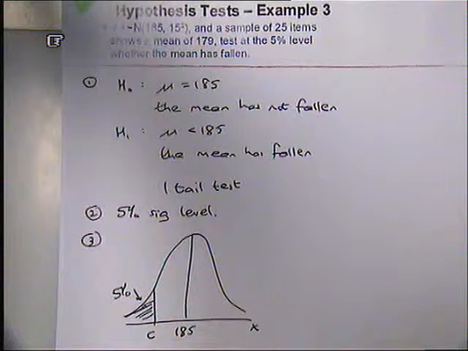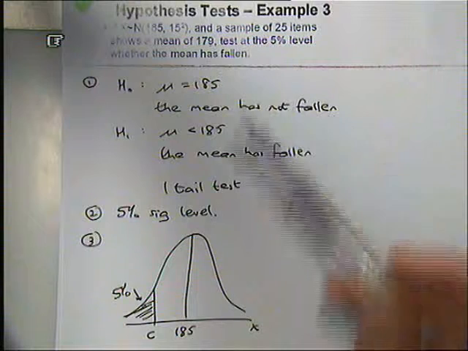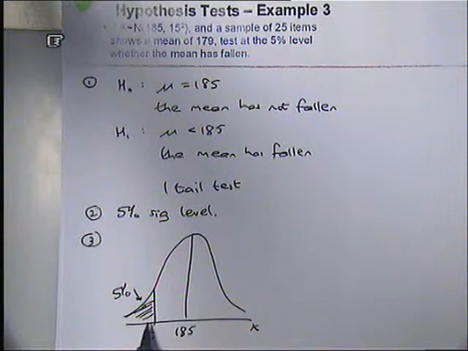And we need to find out what this C value is. And then we're going to look at our test statistic, and our test statistic is the 179. If the 179 is where my pen is pointing, which hypothesis will we accept? H1. If the test statistic was anywhere over here, we would accept H0.